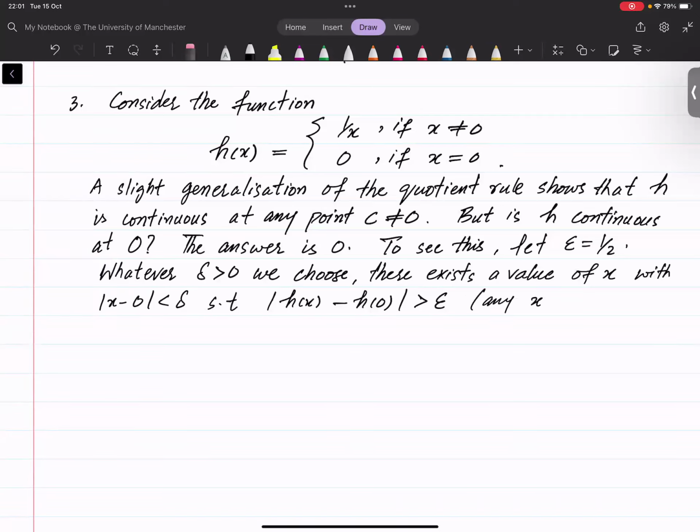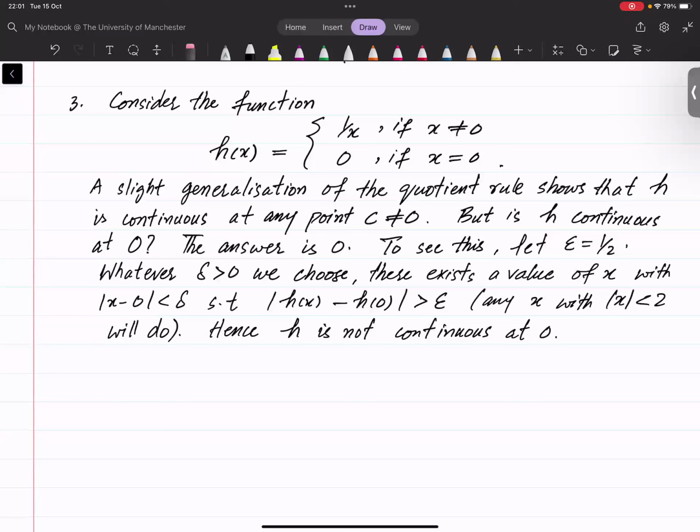Any x with mod of x less than 2 will do. Hence, h is not continuous at 0. Perfect.